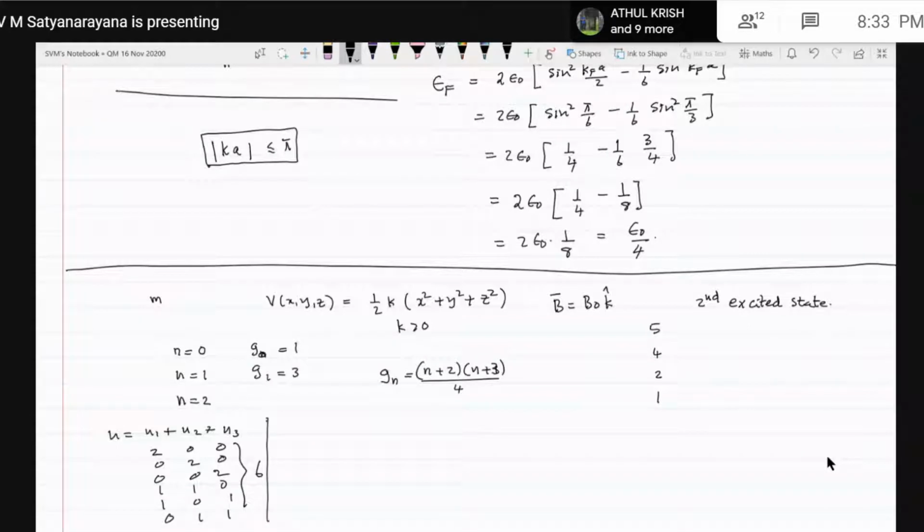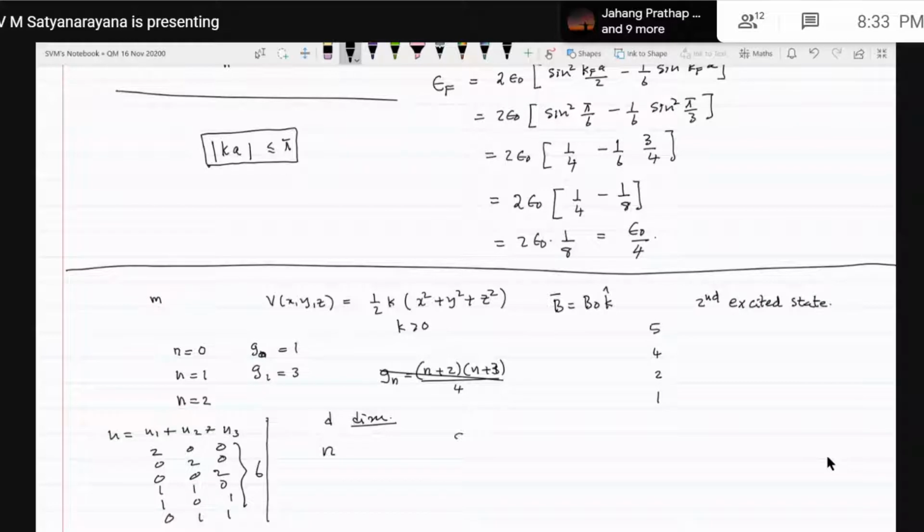I think this formula is just like the general one. Let's say you have d dimensions, and n is your energy level, the nth excited state.